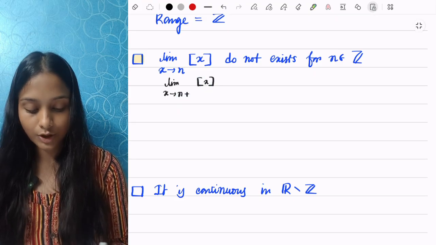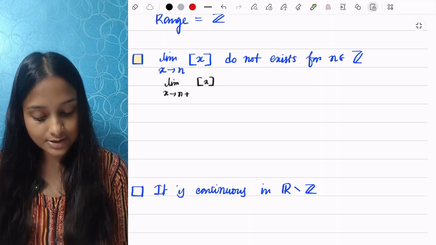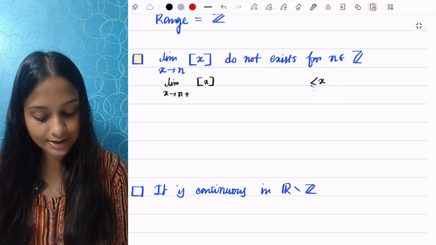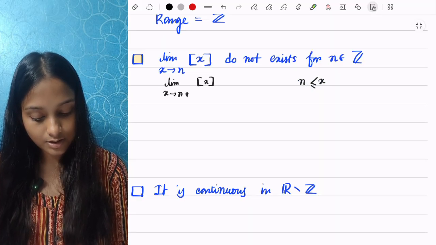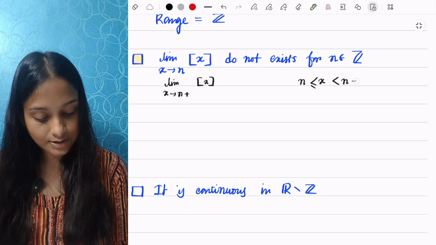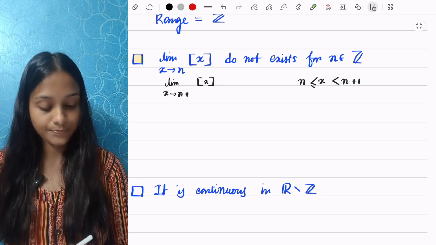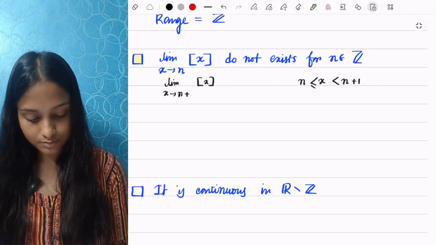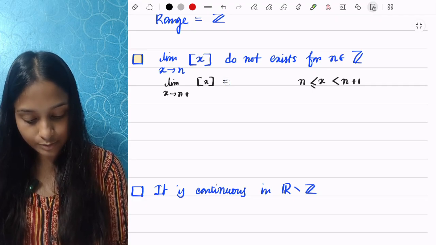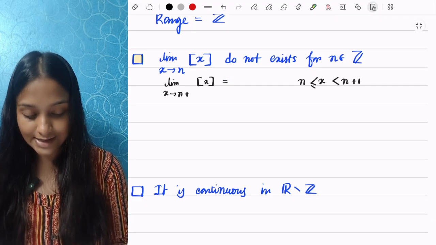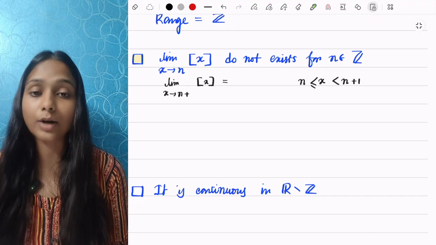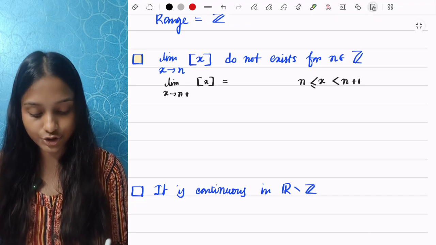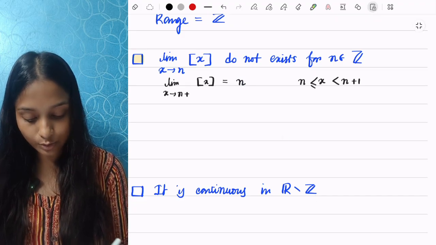Okay. So n plus means x lies in this interval, right? So here, as it is n plus, we will have the value n, as n is the integer. So we will have the value n.